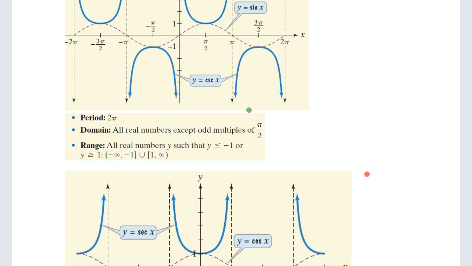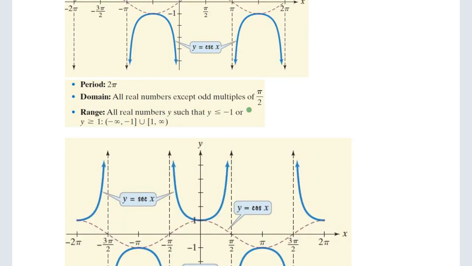Where cosine equals 0, secant becomes undefined. Therefore, those are the locations of the vertical asymptotes. Once we identify those asymptotes, the graph becomes much easier to sketch, as you can see from the illustration.